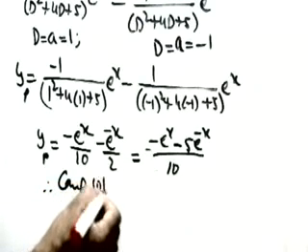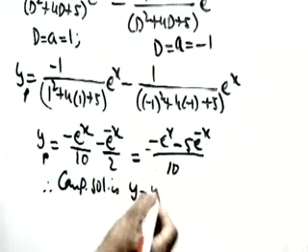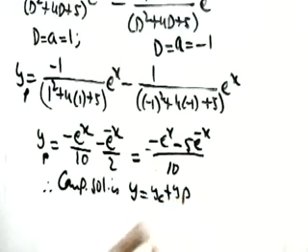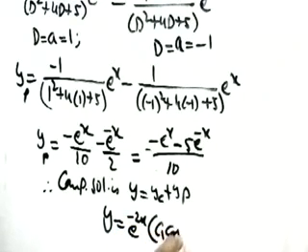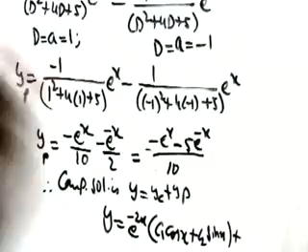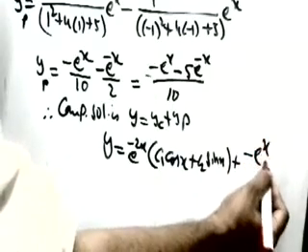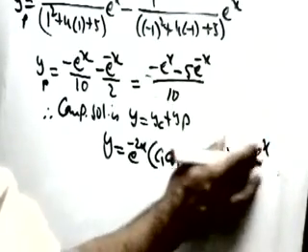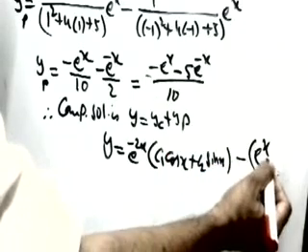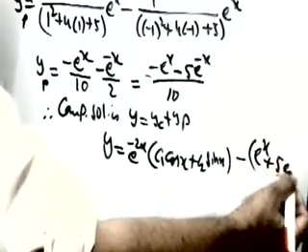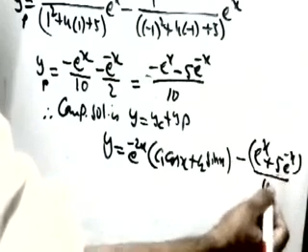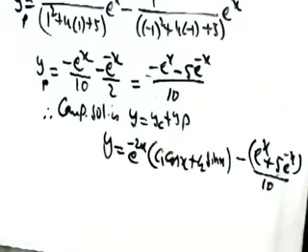Therefore the complete solution is y equals yc plus yp. Now y equals yc, which we already got, e power minus 2x into c1 cos x plus c2 sin x, plus yp, which is minus of e power x plus 5 e power minus x by 10.